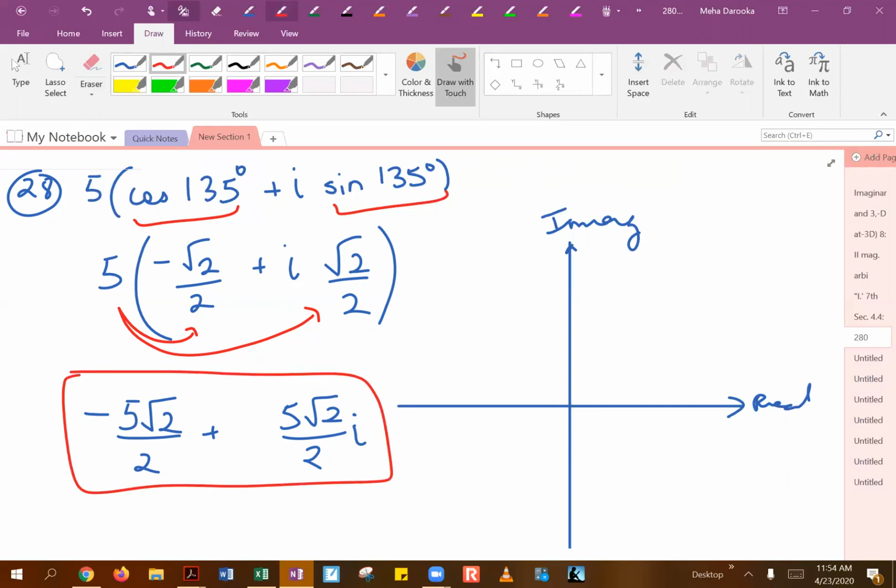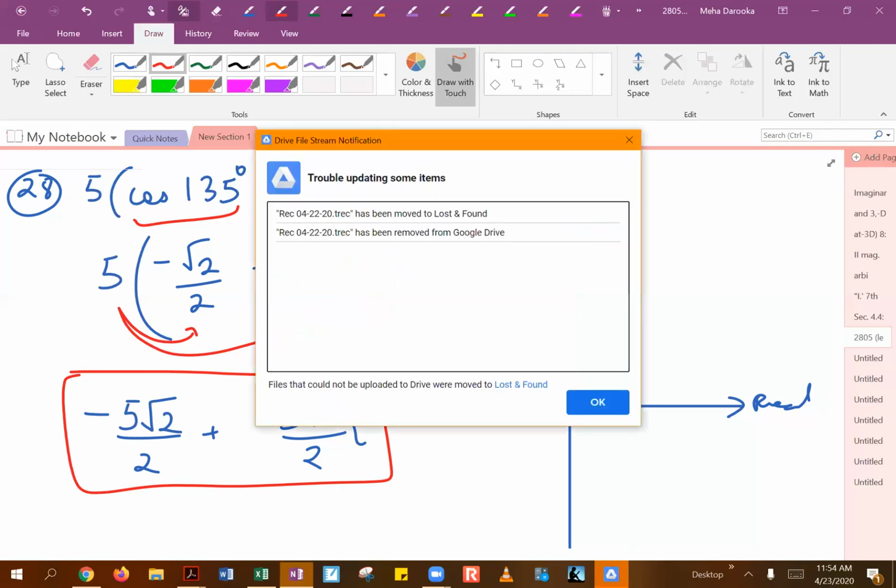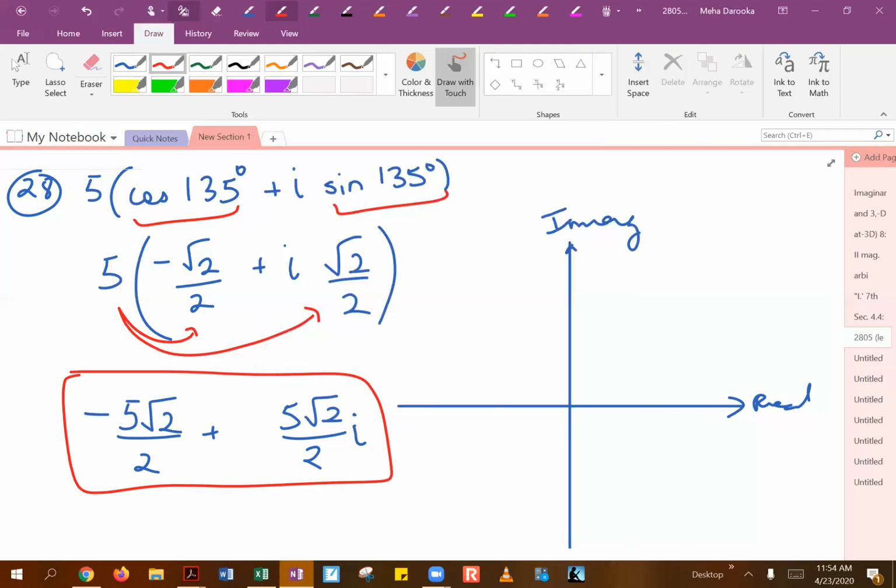So this is how you are converting this from trigonometric form into the standard form. So like I said, remember, if these are angles that you can find on your unit circle, then just use those values. But anything outside of that, just use your calculator. And then depending on if it's in the radian mode or degree mode, just make sure your calculator is in that mode, okay?